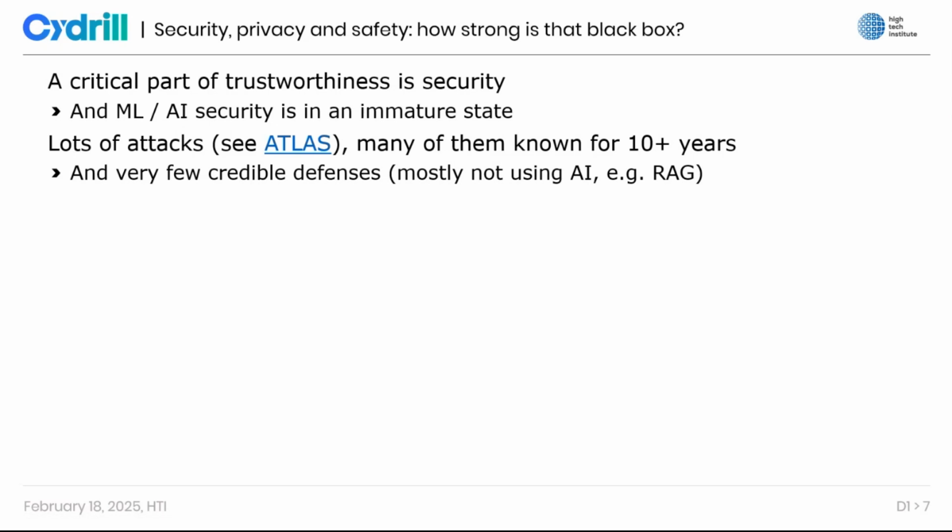And many of the defenses are actually not about using AI to protect ourselves from these attacks, but rather using boring, standard software security solutions, such as input validation and access control. Many of the defenses that use AI are themselves a little bit immature. And of course, there are some technologies such as retrieval augmented generation, or RAG, which is promising, but it is not going to solve the problem by itself.